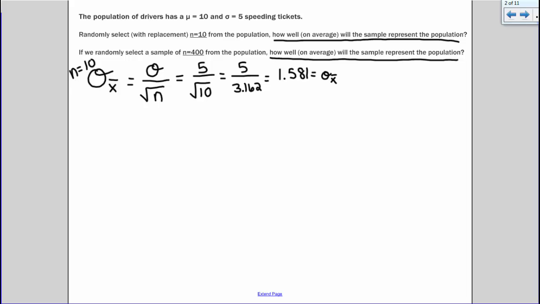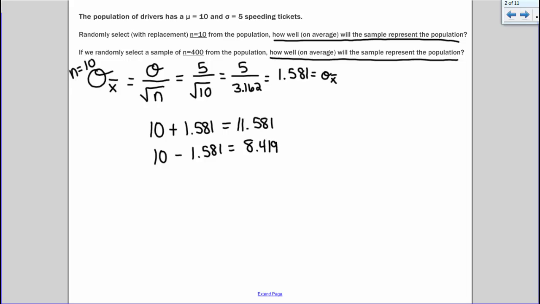So what we really could say is, if you think about the empirical rule and the fact that 68% of scores or sample means will be within one standard error of the population mean, we could say that we are likely to overestimate the number of speeding tickets up to 10 plus 1.581 or 11.581, or to underestimate the number of speeding tickets down to as low as 10 minus 1.581 or to 8.419.